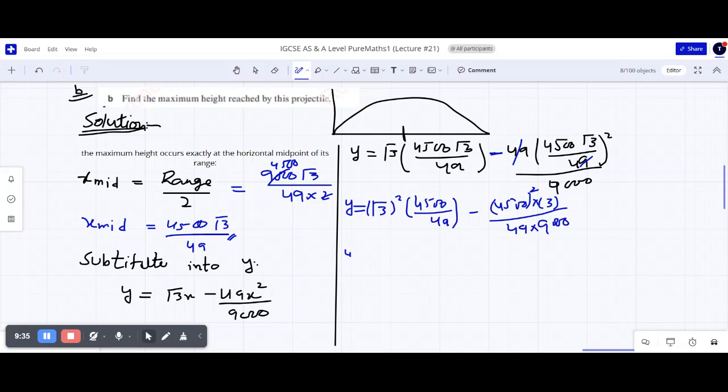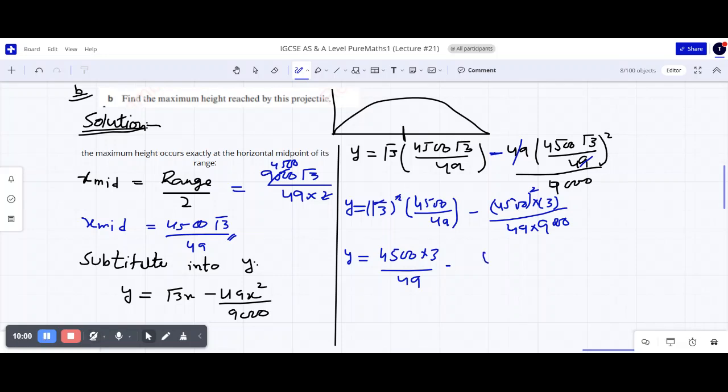The root squares cancel out, so it equals 4500 times 3 divided by 49, minus the square of 4500 multiplied by 3 and divided by these values.